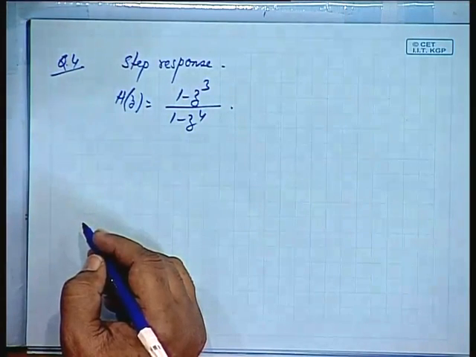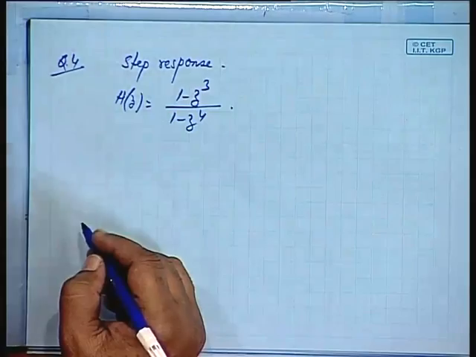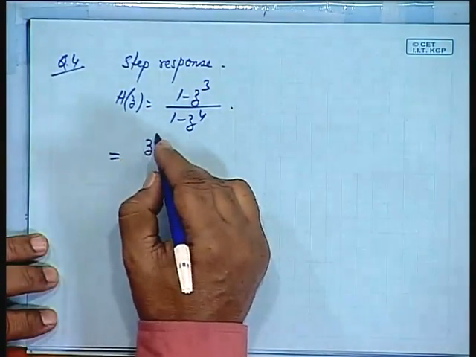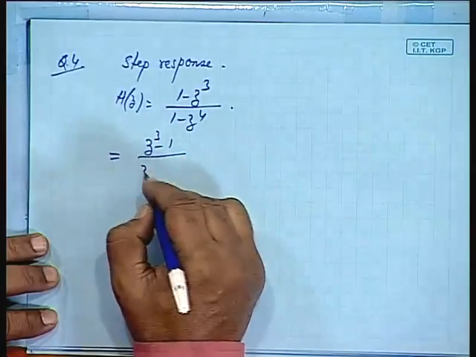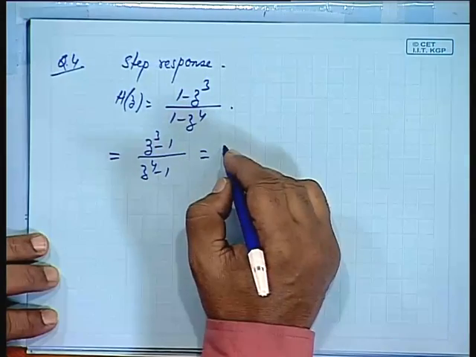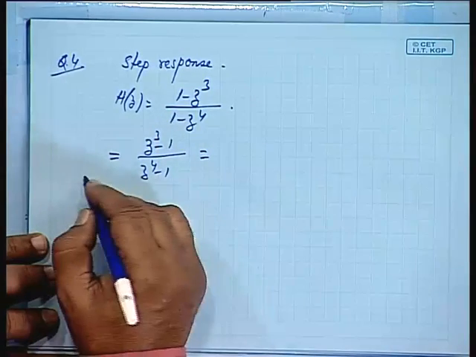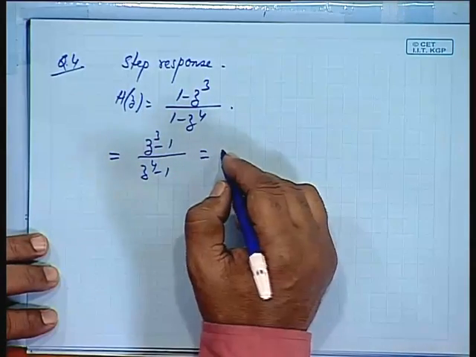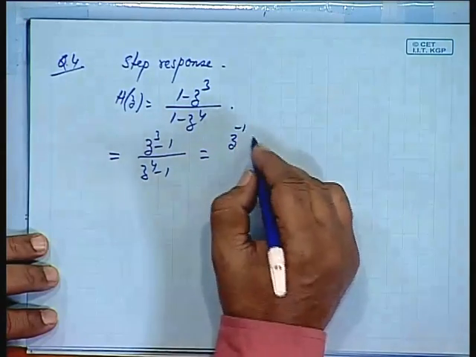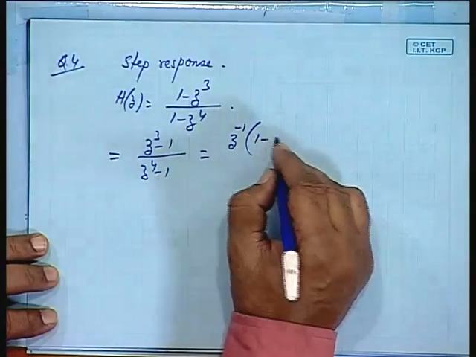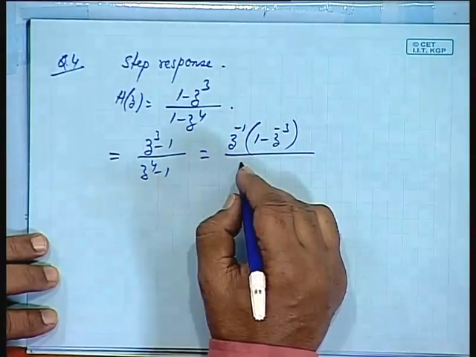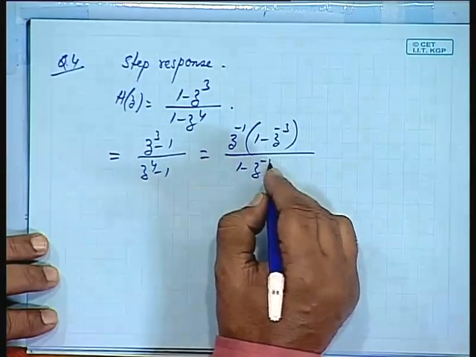Now, if you look at this, one may write z cube minus 1 by z to the power 4 minus 1, and after that if I take z to the power 4 common, then this will be z inverse into 1 minus z to the power minus 3 by 1 minus z to the power minus 4.